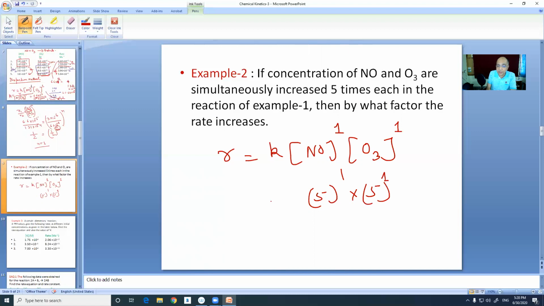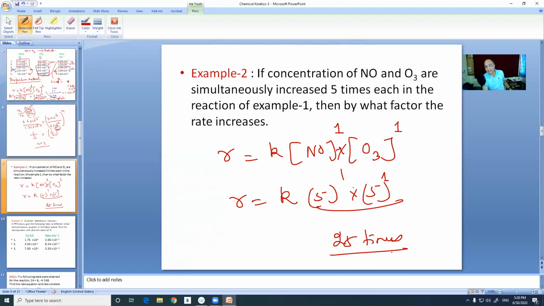So the rate will be increased by 5 into 5, 25 times. From the NO side 5 times increase and from the ozone side also 5 times increase. Since it is a product, altogether there will be a 25 times hike in the rate if NO and ozone are simultaneously increased by 5 times each.